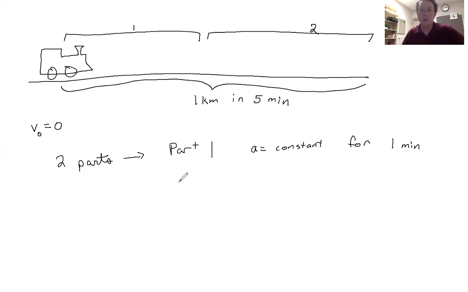For part 2 of the trip, we assume the acceleration is 0. So that just means that the velocity remains constant, that last portion. And just subtracting 5 minus 1 would leave 4 minutes.